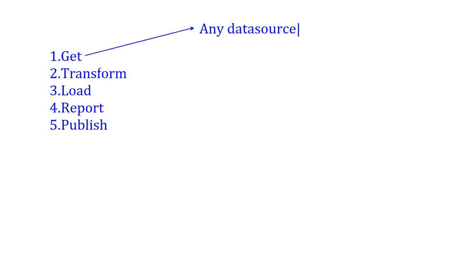Right. After getting the data, we are going to transform the data. As I told, we are going to clean up the data, remove the unwanted rows and unwanted columns, and do merging, appending, comparing, writing formulas and functions. Everything we are going to do here, in a tool called Power Query.